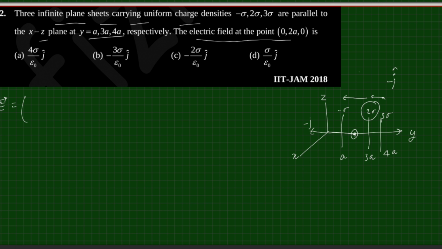The electric field due to one sheet is given by sigma over 2 epsilon naught. So that is minus sigma over 2 epsilon naught due to the first, 2 sigma over 2 epsilon naught due to the second, minus 3 sigma over 2 epsilon naught j cap.